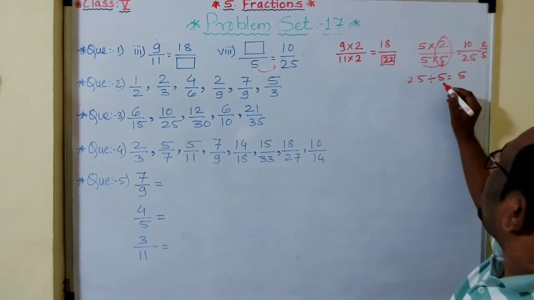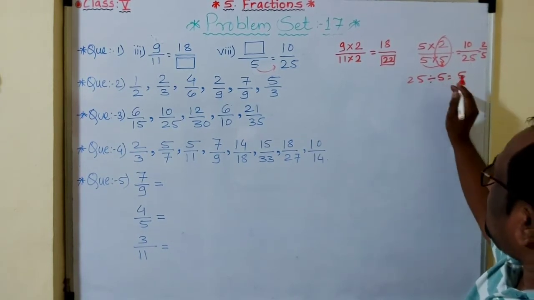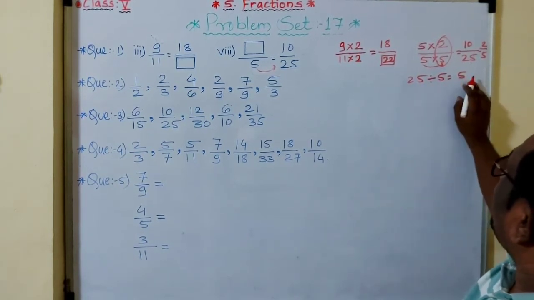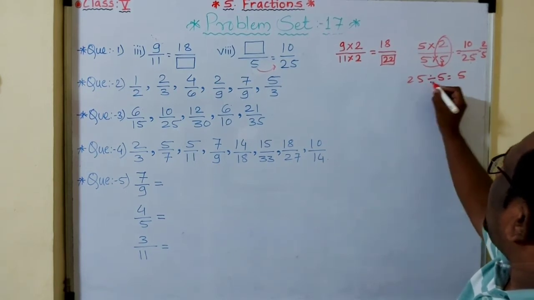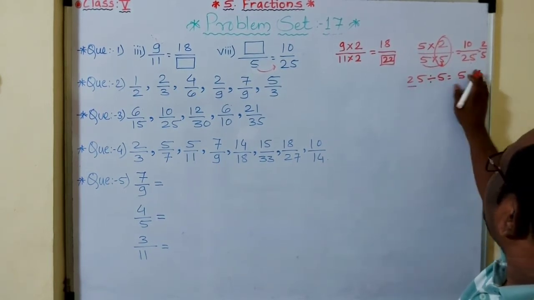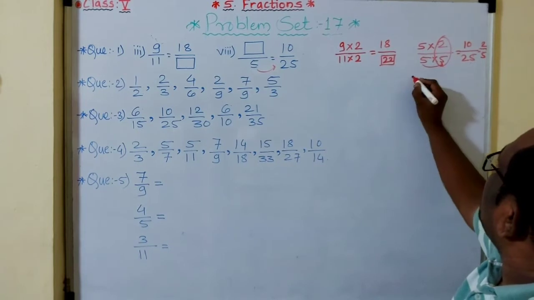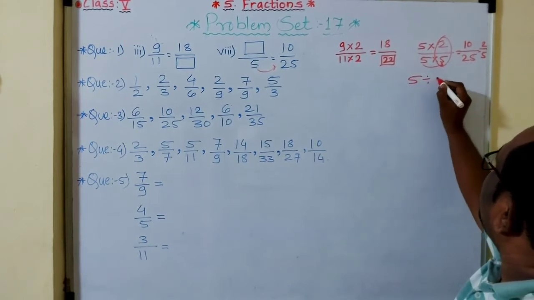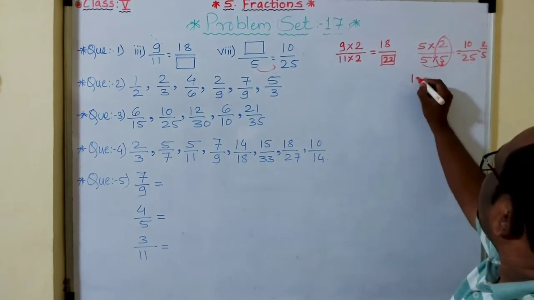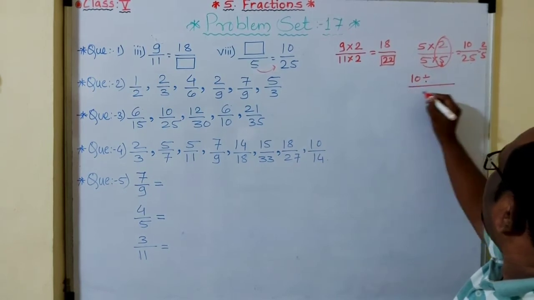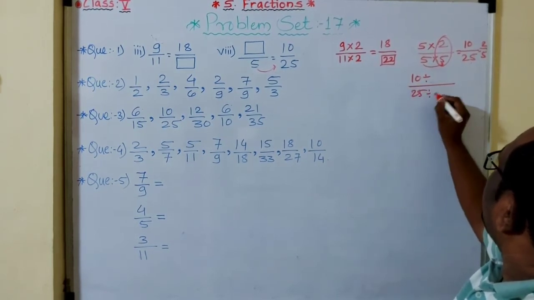Now this way also you have to solve, students. Otherwise 5 5s are 25, and you divide by this one. I'll write separately here: 10 divided by 5 and 25 divided by 5.